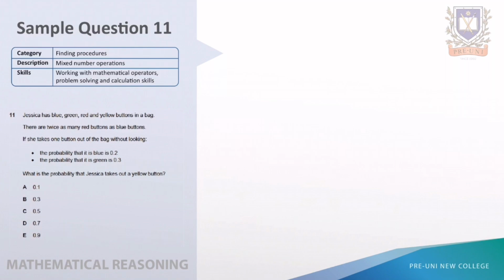So probability questions like these, with many layers of information, are also quite common across maths in the current STTC papers. So students are quite familiar with having several pieces of information, as well as situations with colored buttons and figuring out the probabilities of picking out a certain color.